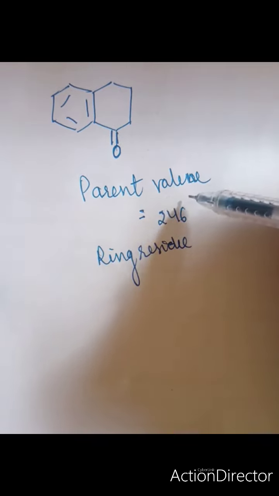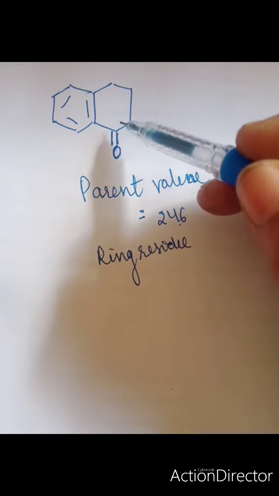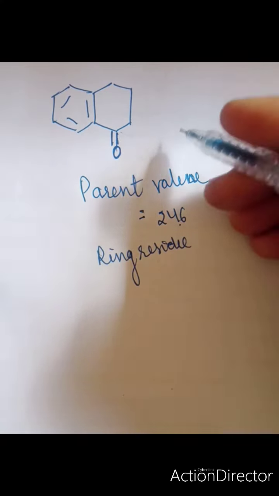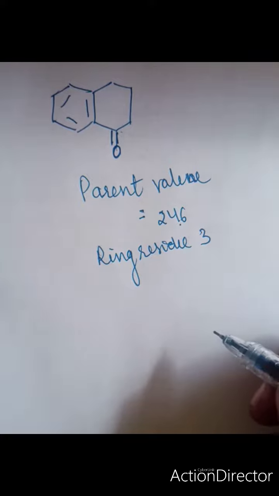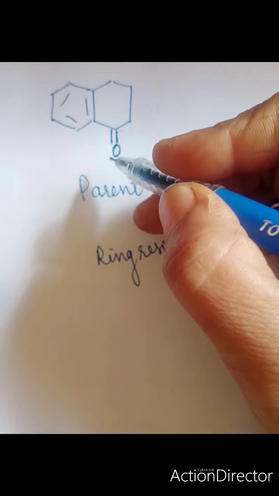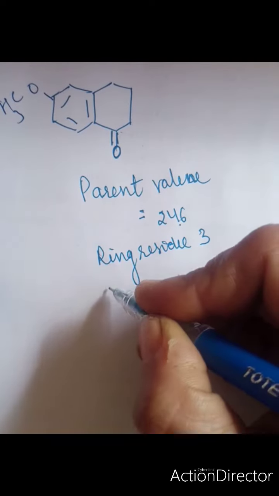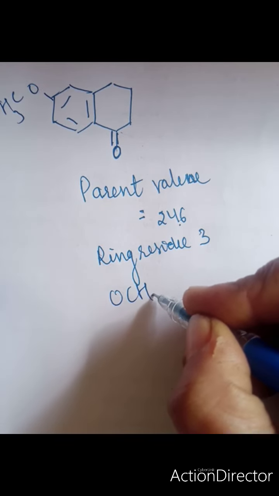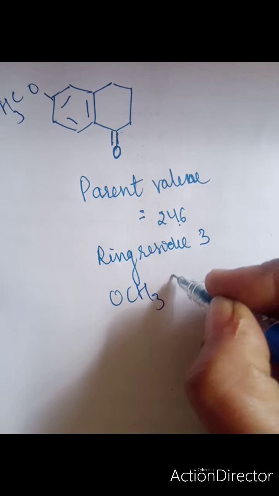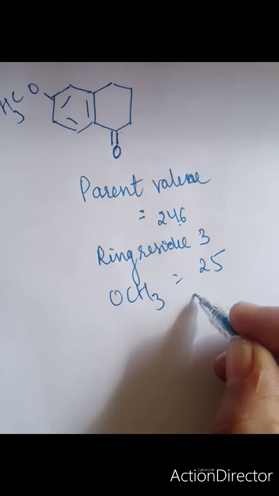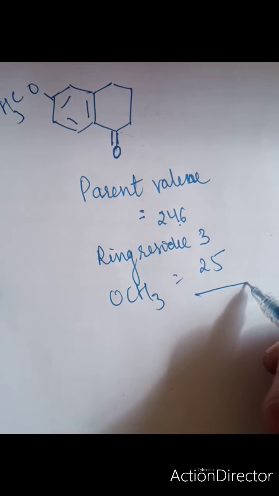In this case, the parent value will be 246. Ring residue at ortho and meta position is 3, so you will be writing 3. And here a methoxy group is present, so its value is 25. If you add all of them, you'll be getting 274 nanometers.